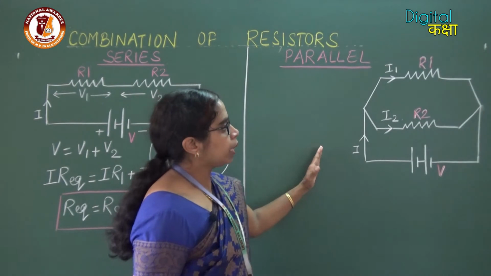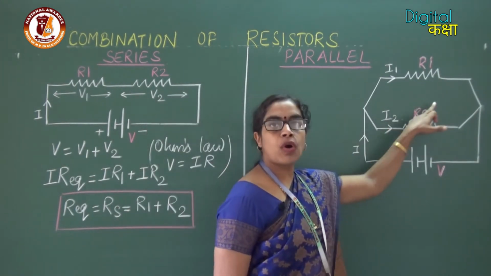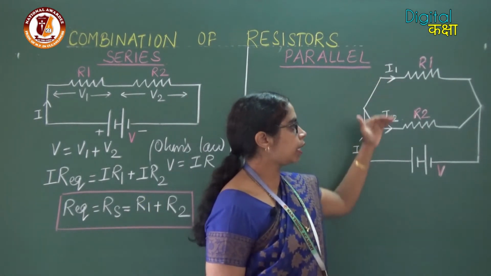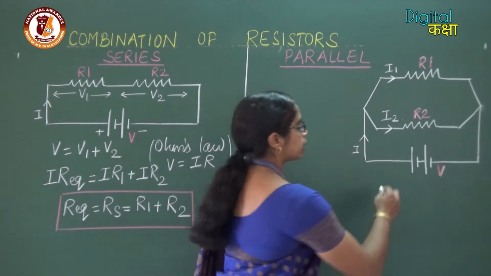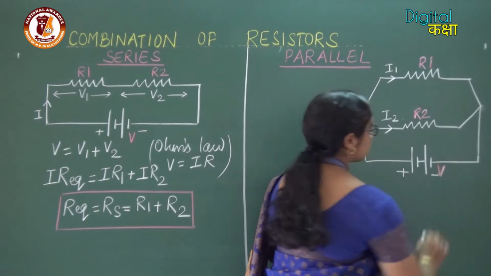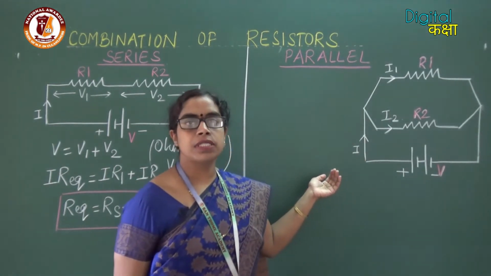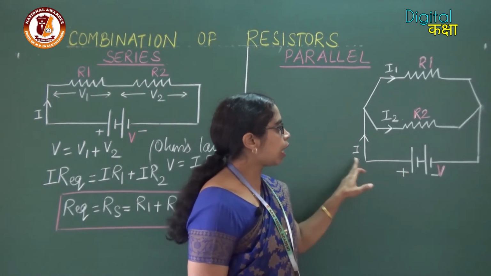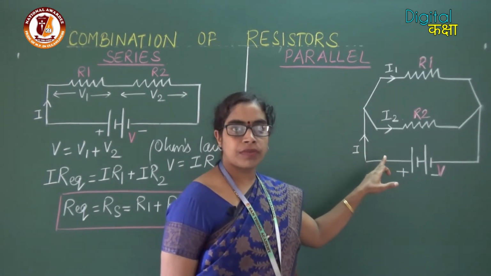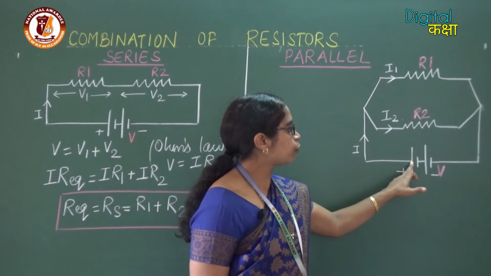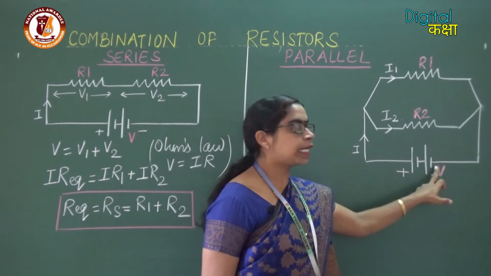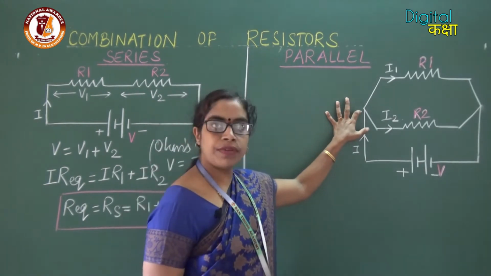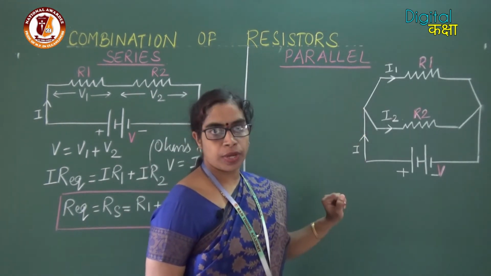In parallel combination, both ends of the resistors of resistances R1 and R2 are connected to the positive and the negative terminals of the battery. In this case, the current I drawn from the battery, flowing from its positive to its negative terminal, comes across a division at this junction point.